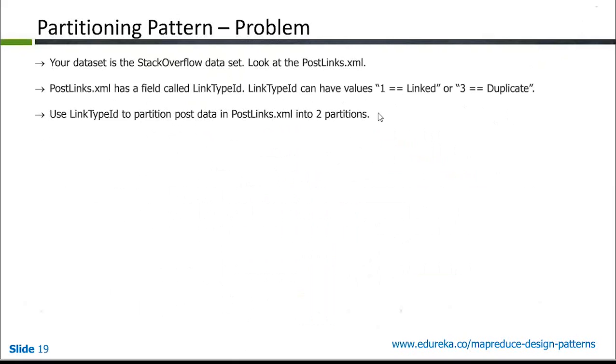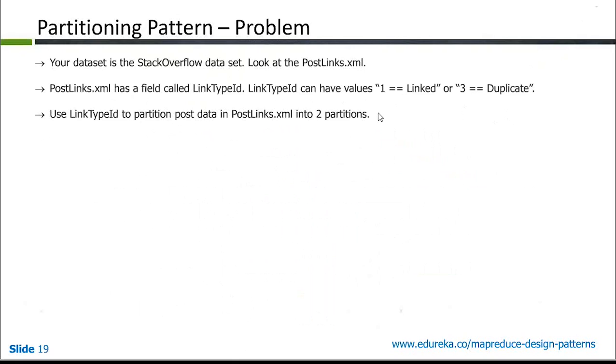Our example is going to be about the postlinks.xml file. In postlinks.xml you have a field called the link type ID, and that has two different values, 1 and 3.